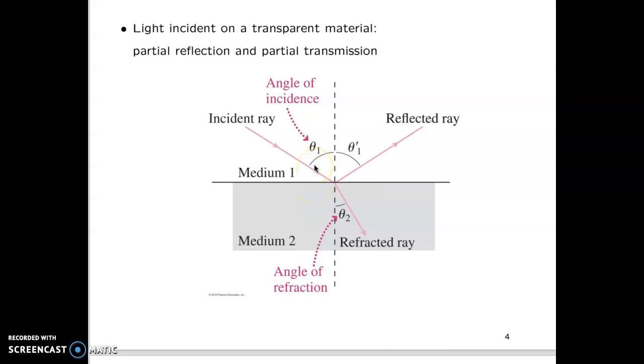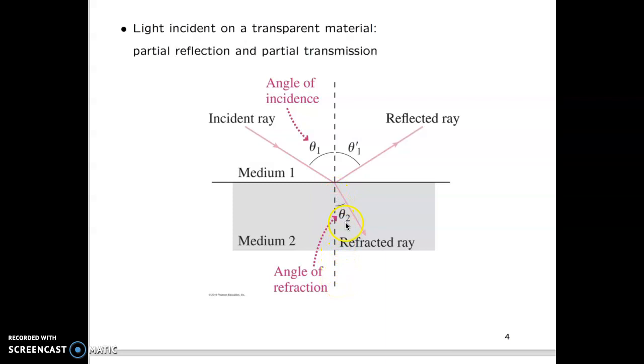It tends to be the case as you go from a less dense medium, like this could be air, into, let's say, glass. Glass has a much higher density than air does. It tends to be the case that the refracted ray will bend towards this normal line here.